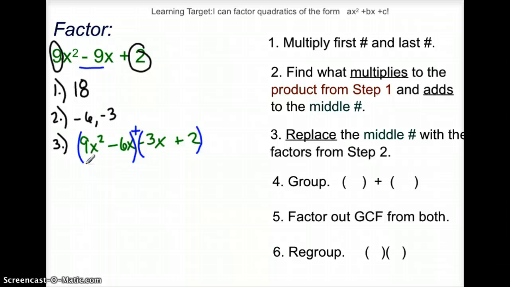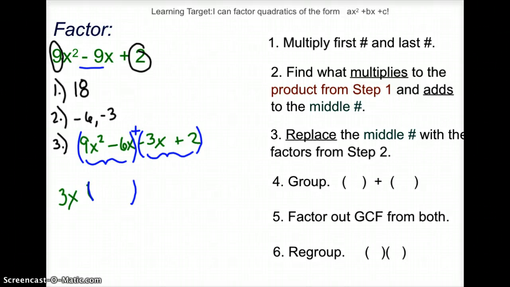And then the next step to grouping, step 5, says factor out the common factor for both groups. So the first group, they both share a factor of, oops, I wanted blue. There we go. 9 and 6 are both divisible by 3. And they both have a variable x.